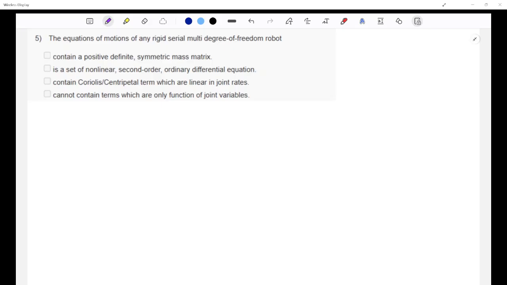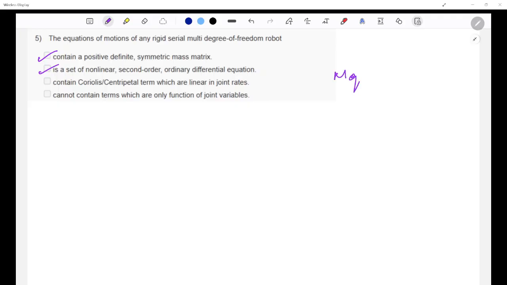Let's go one by one. The first option is it contains a positive definite symmetric mass matrix. I think we already saw this in the first question. It is a symmetric matrix, it is a positive definite matrix. We are not going into details anymore. The second is it is a set of non-linear second order ordinary differential equations. This is also correct, right?